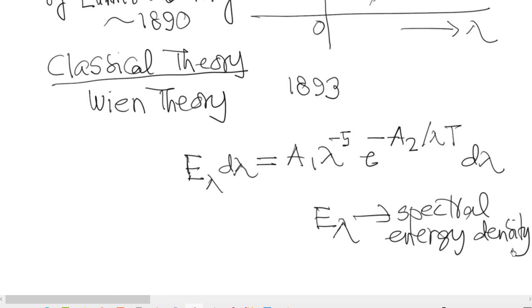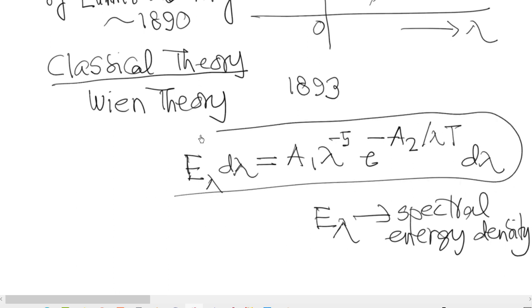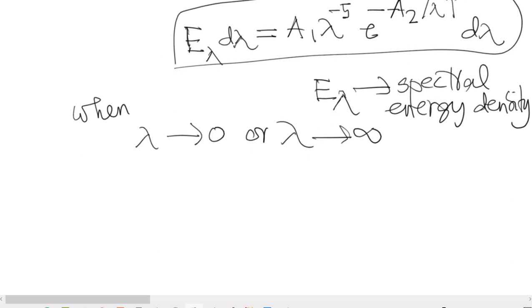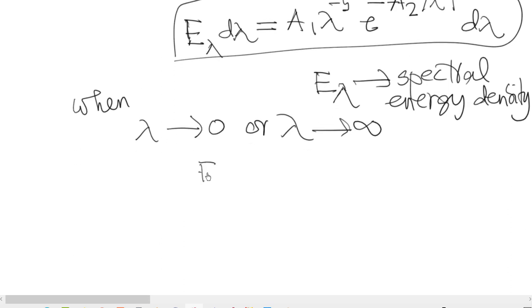It can be shown from this formula that when lambda tends to 0 or lambda tends to infinity, this spectral energy density E lambda becomes 0. Thus no energy is emitted by a wave of 0 or infinite wavelength.